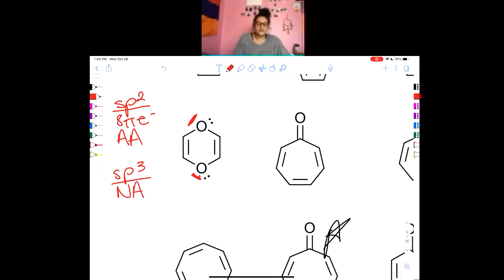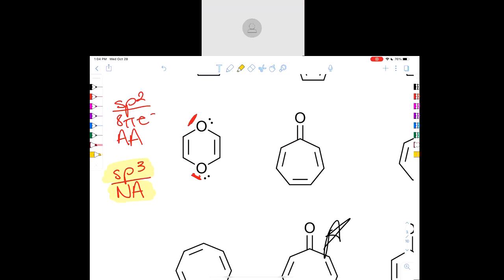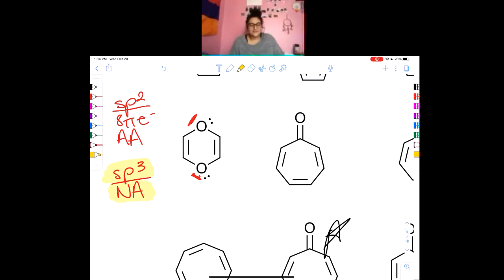So if we're left to choose between anti and non-aromatic, which one is more favorable? Or which one is more stable, I should say? Non-aromatic, exactly. So since non-aromatic is going to be more stable than anti-aromatic, both of these oxygens will be sp3 hybridized, and overall the ring will be non-aromatic.